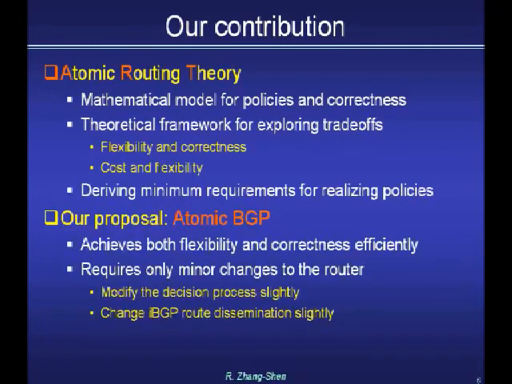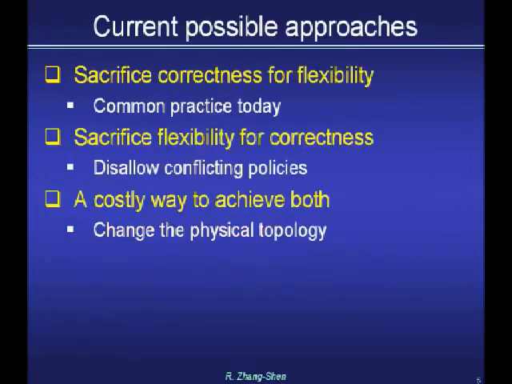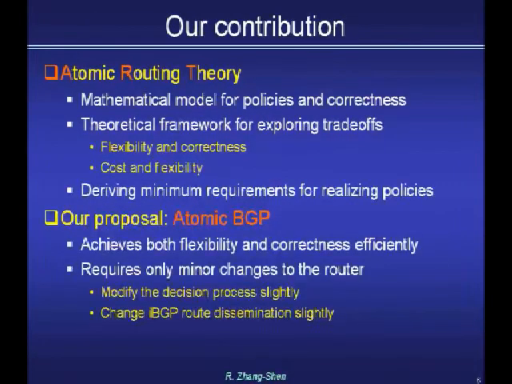We can look at the trade-off between flexibility and correctness, and also if you want to achieve both flexibility and correctness, what's the cost? And the application for it is to derive minimum requirements for realizing policies. So basically, how do I know the second and third approaches achieve correctness? It's because we can show it by atomic routing theory.